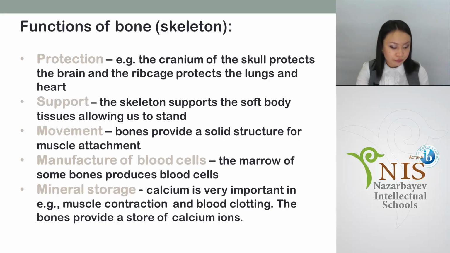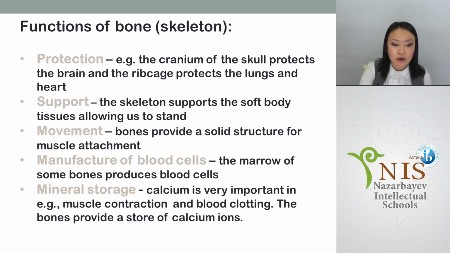Function of bone. Function of skeleton. Protection. For example, the cranium of the skull protects the brain and the rib cage protects the lungs and heart. Support. The skeleton supports the soft body tissues, allowing us to stand. Movement. Bones provide a solid structure for muscle attachment. Manufacture of blood cells.